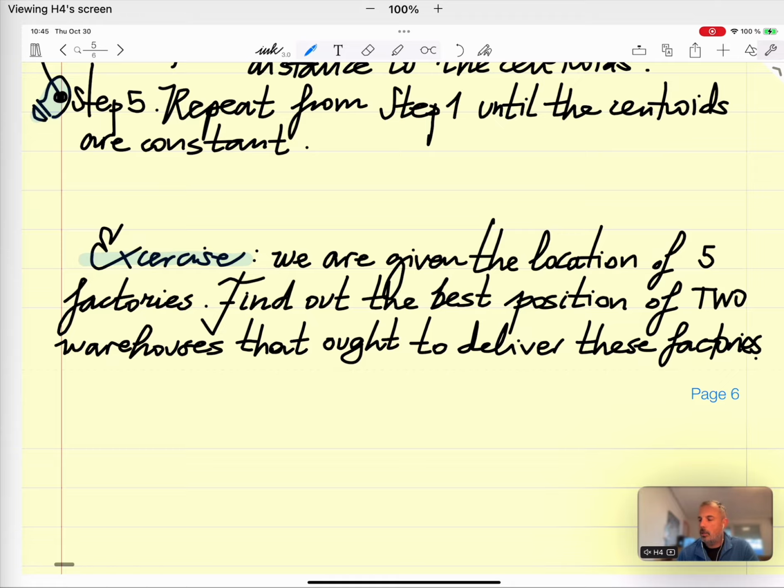The position of the factories are x coordinate 0, 6, 1, 7, 2. Y coordinate 3, 1, 2, 0, 4.